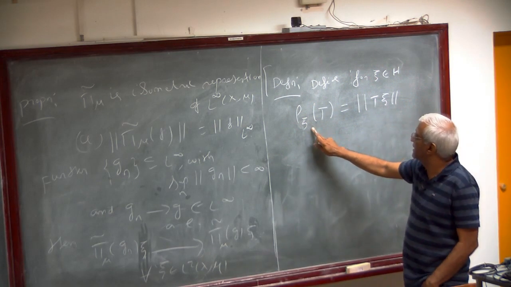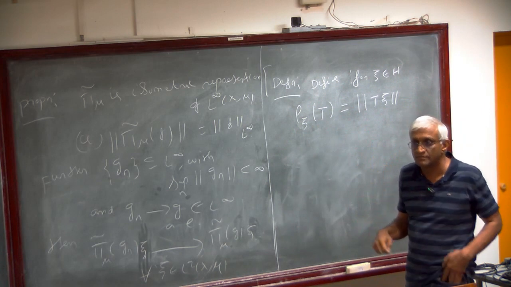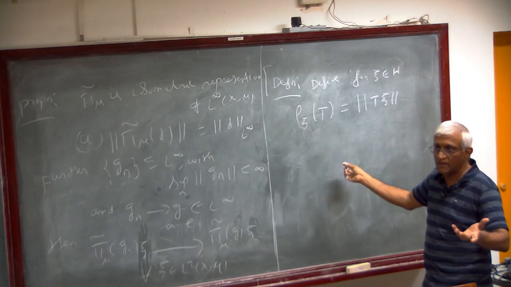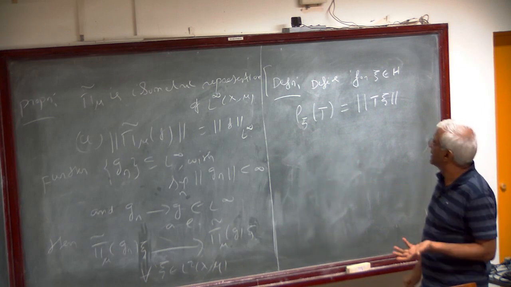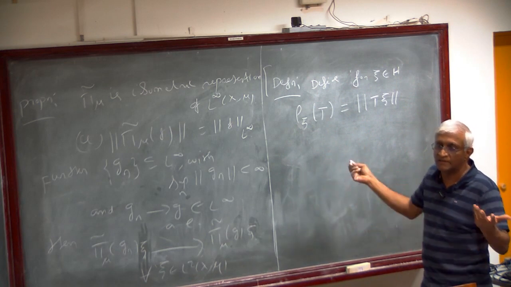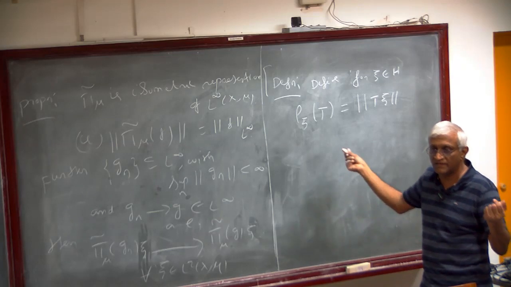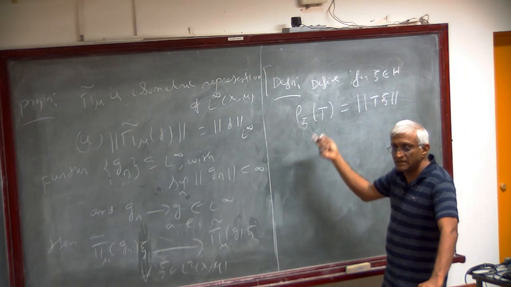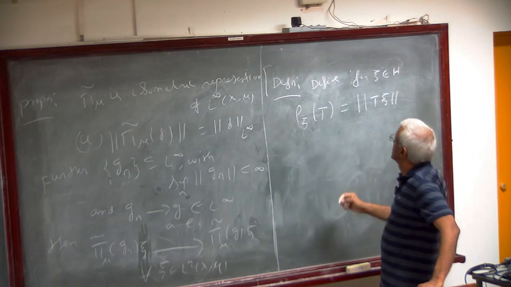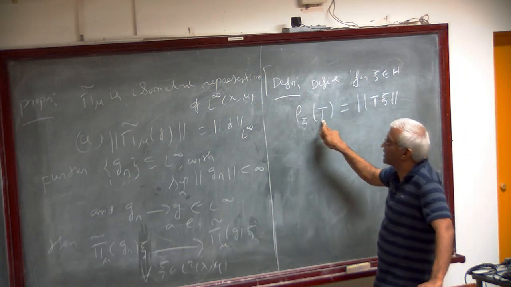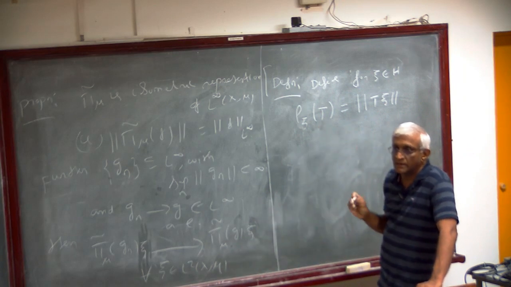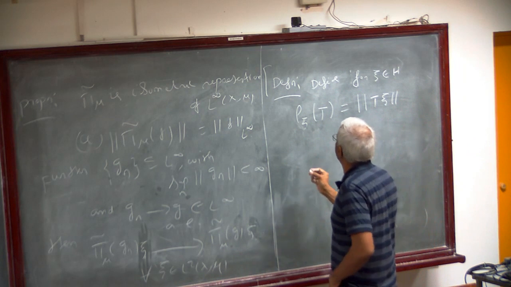This rho xi will be a semi-norm. It will satisfy all the properties of a norm except it's not faithful; the strict positivity condition will not be satisfied. And the topology generated by these semi-norms on operators is what is called the strong topology.